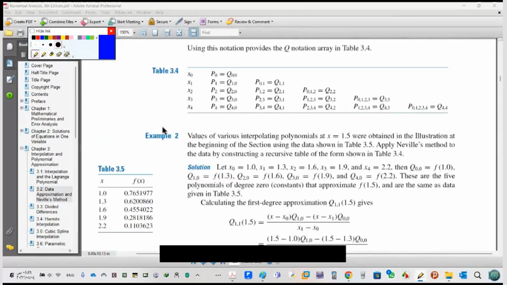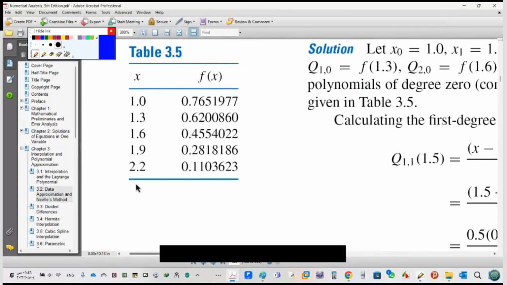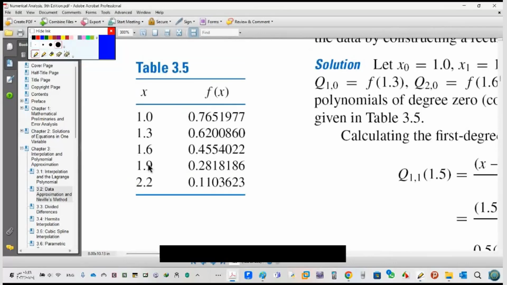Okay. See here, for example, this table. I have 1, 2, 3, 4, 5 values. This is x and y.